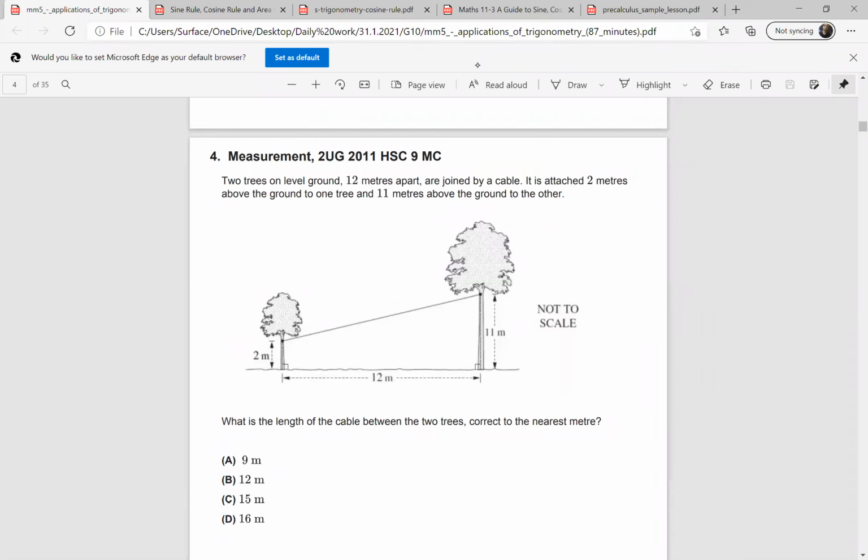Two trees on the level of the ground, 12 meters apart. The first is 2 meters, and the second is 11 meters. We need the length of the cable between the two trees, correct to the nearest meter. Can you find it?